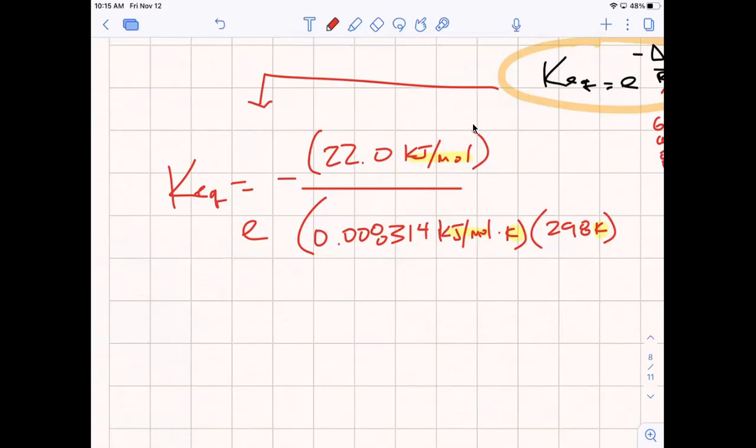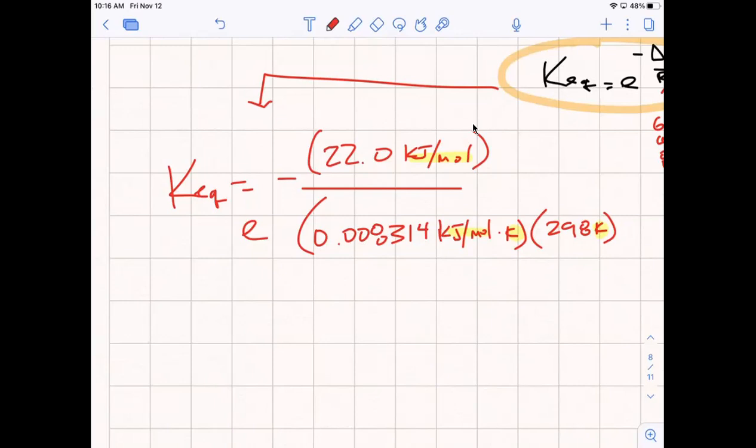I got negative 54.5. Okay, so let me see, times 298. You sure about that? Yeah, I probably put it in wrong. It should be closer to about 10 or 11. 2.7.